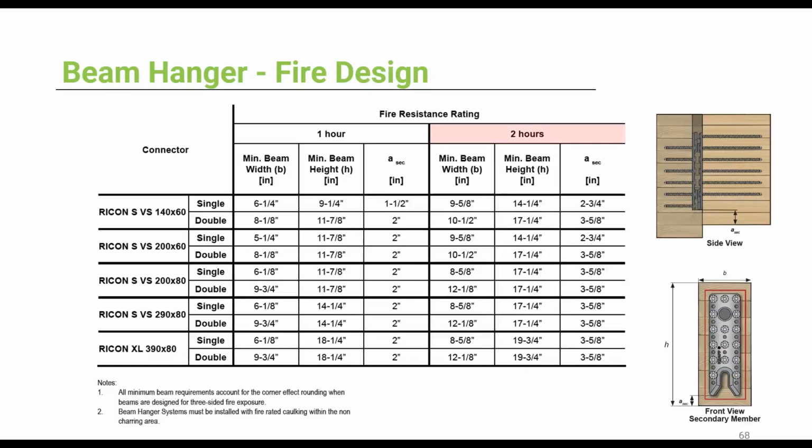For a 2-hour fire rating and for the connector that you choose, you'll need a minimum of 8 5/8 inch wide beam or 17 1/4 deep beam. Just as a note, make sure you have the right spacing as mentioned in the table. It's designated right here as A sec or A min.